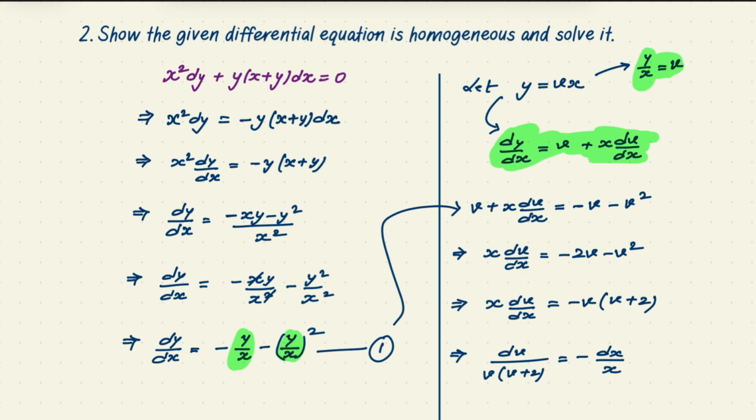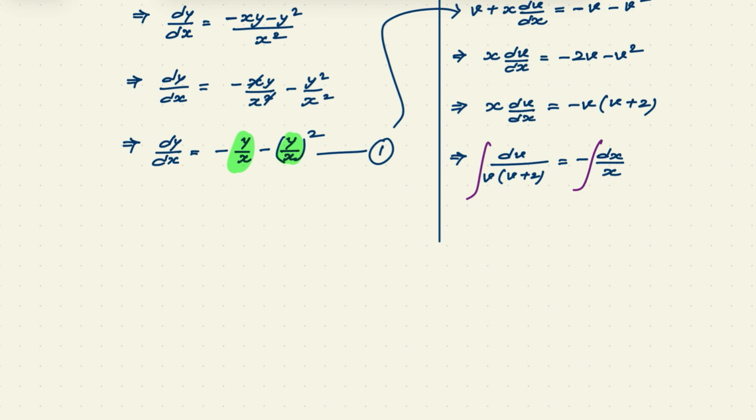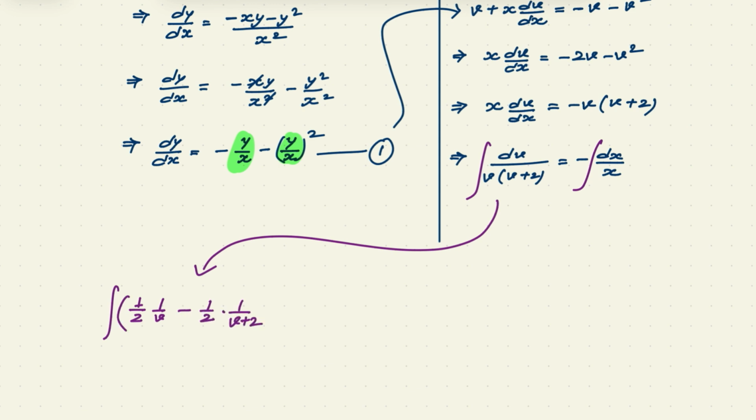Since the variable has been separated, now we will integrate both sides. In order to integrate the left hand side, we use the concept of partial fractions. That part I am skipping here because we have already learned how to do the partial fraction. So on doing so, we can write that fraction as 1 by 2 into 1 by v minus 1 by 2 into 1 by v plus 2 into dv equals minus integration of dx over x.